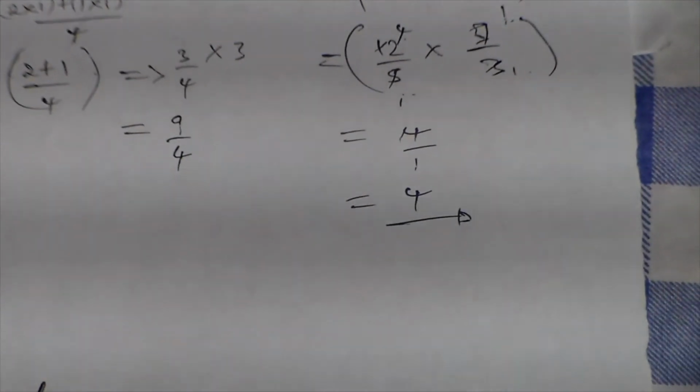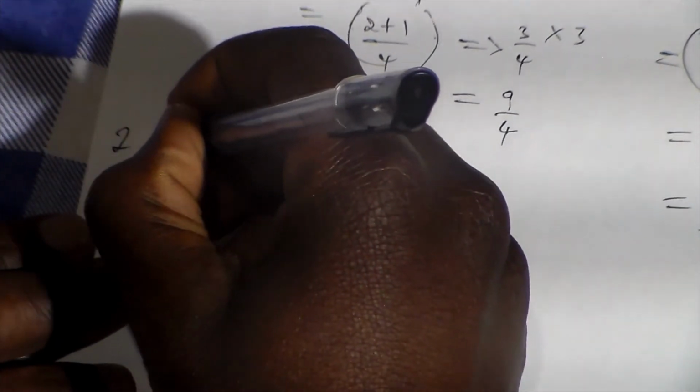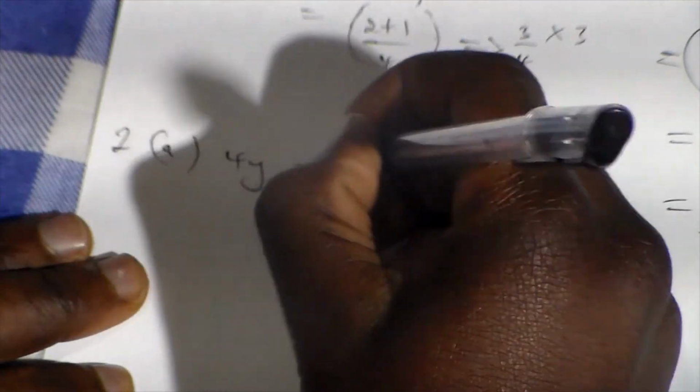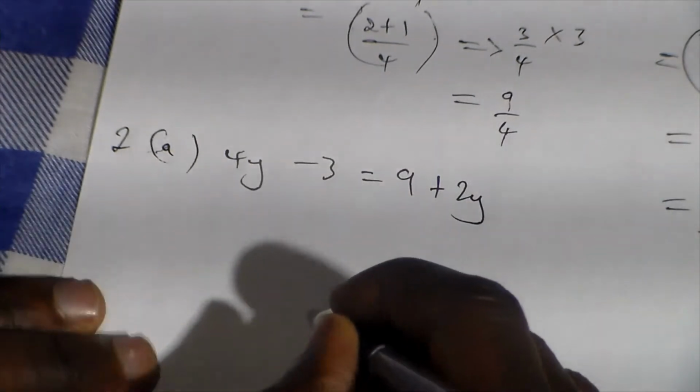Getting on to question number 2, it was about equations. Part A, the equation is saying 4y minus 3 equal to 9 plus 2y.